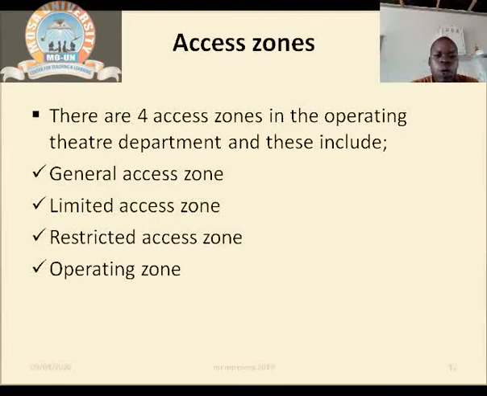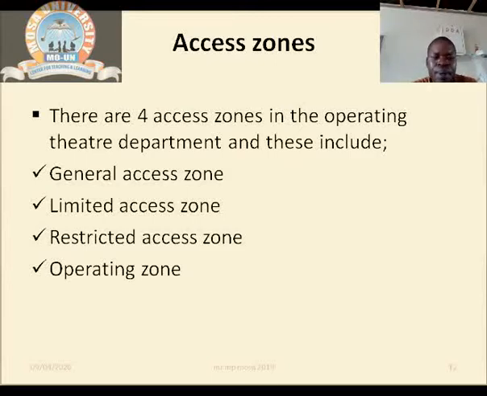Then we also have what we call operating zone. Under operating zone, we are talking of a zone that is only accessed by 2 to 3 people. So under this operating zone, we are talking of a surgeon who is operating, the assistant surgeon who is operating, as well as the scrub nurse.